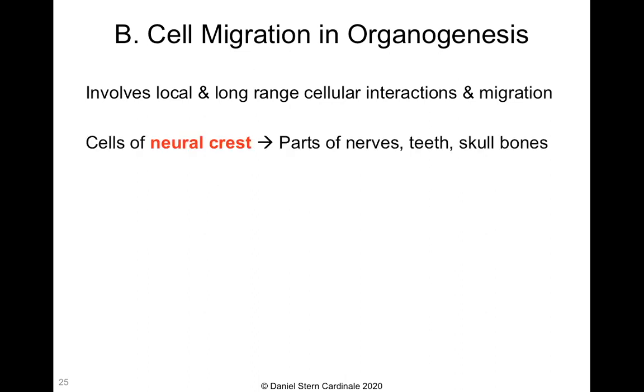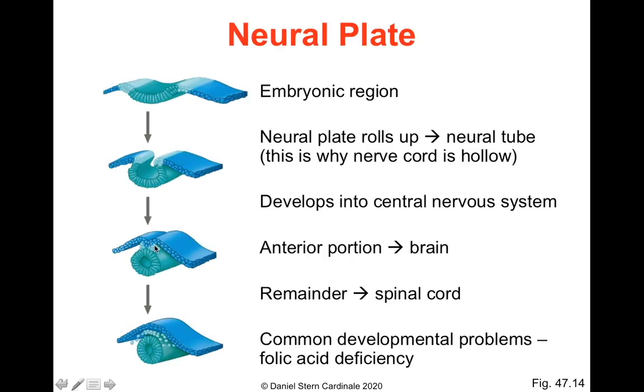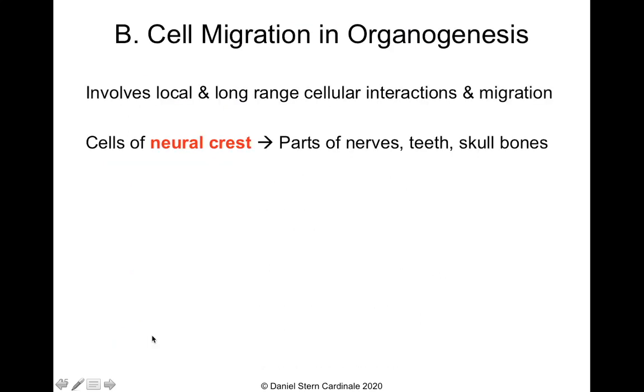So the cells of the neural crest, for example, which is part of that neurulation process, if I could just go back a minute here, these cells right here, so this is the neural crest, this part that's a little bit grayed out right there, it just refers to the crest of the wave, and some of those cells end up on the inside, but not part of the neural tube. So those cells of the neural crest actually migrate throughout the body.